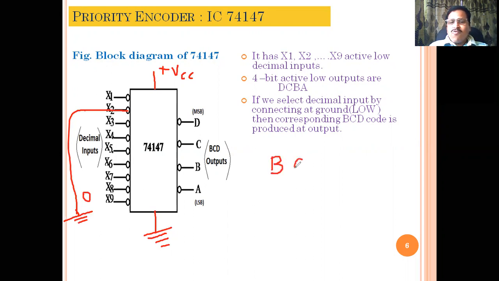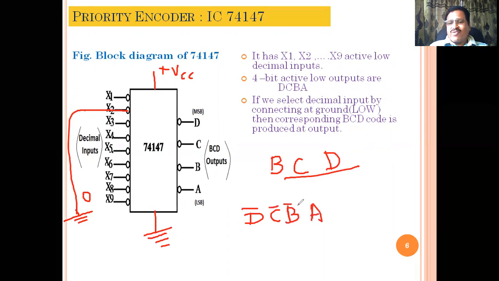The BCD code will be produced at the output in such a way that D, C, B and A are all active low, because you'll find there is a bubble in the path of the output. For a 2, that is 0 0 1 0 in active high, in active low condition it comes here as 1 1 0 1 as the output.